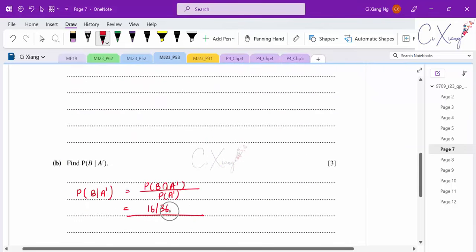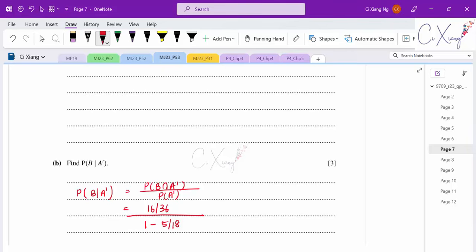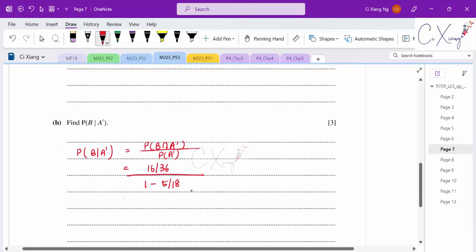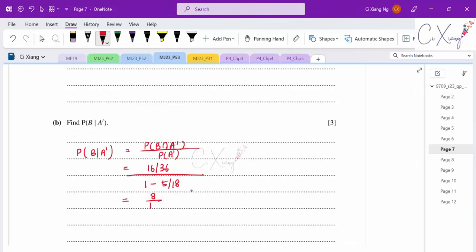So the probability of A prime, you can take 1 minus 5 over 18. From here, you simplify using a calculator, and then your final answer should be 8/13. So basically, this is how we answer question number 5.